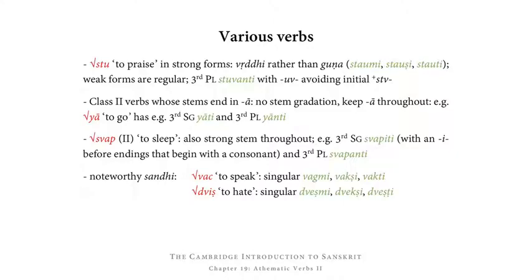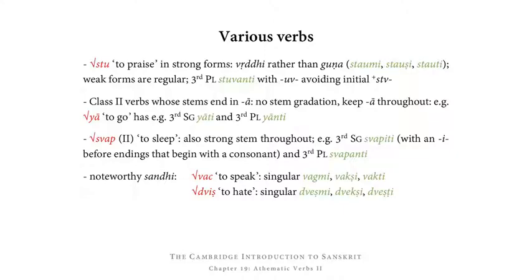Finally, some noteworthy sandhi. Vac, to speak, has a singular vac-mi, vak-shi, vak-ti. So in front of consonants, c appears as its velar counterpart. In front of a voiced consonant, it appears as velar voiced g. In front of unvoiced consonants, it appears as velar unvoiced k, and so we get vag-mi, vak-shi, vak-ti.